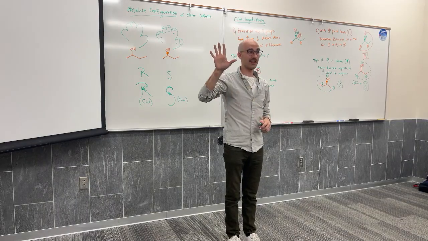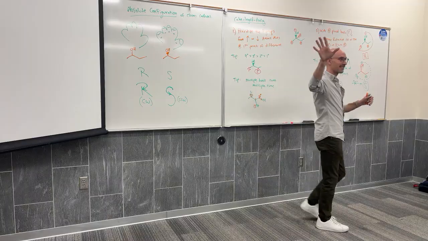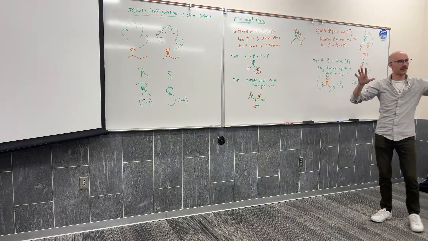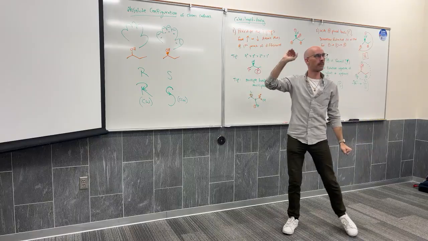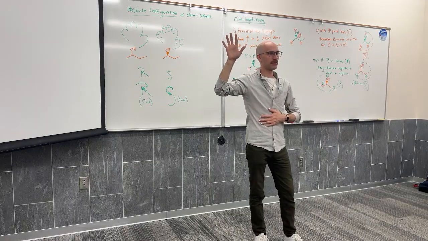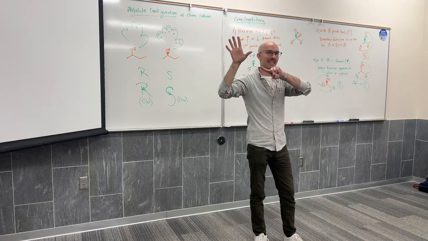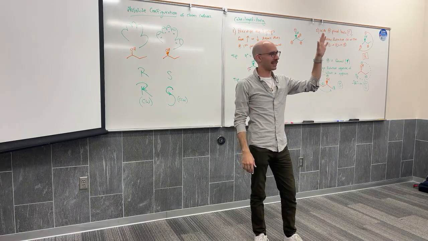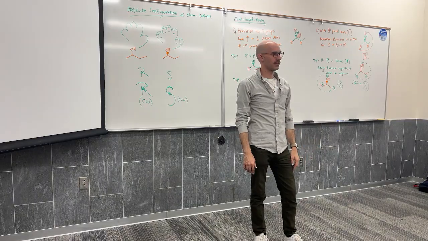But some medications have a positive effect with one absolute configuration and a detrimental effect with the other. There's a pregnancy nausea medication. It mitigates nausea during pregnancy. If you change the absolute configuration of its chiral center, it causes birth defects.